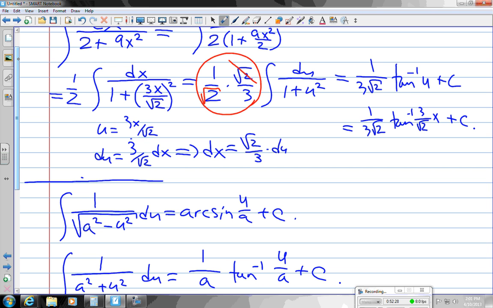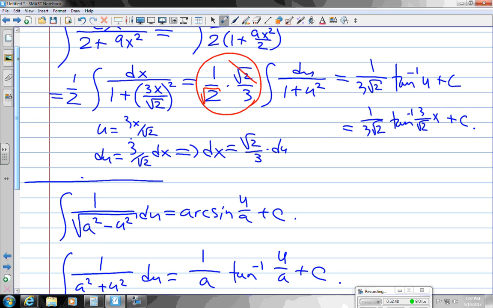Now, u squared is 9x squared. So that means u is 3x, okay? Based on this analogy, when I'm comparing this line to that line, u squared is 9x squared, so u equals 3x.